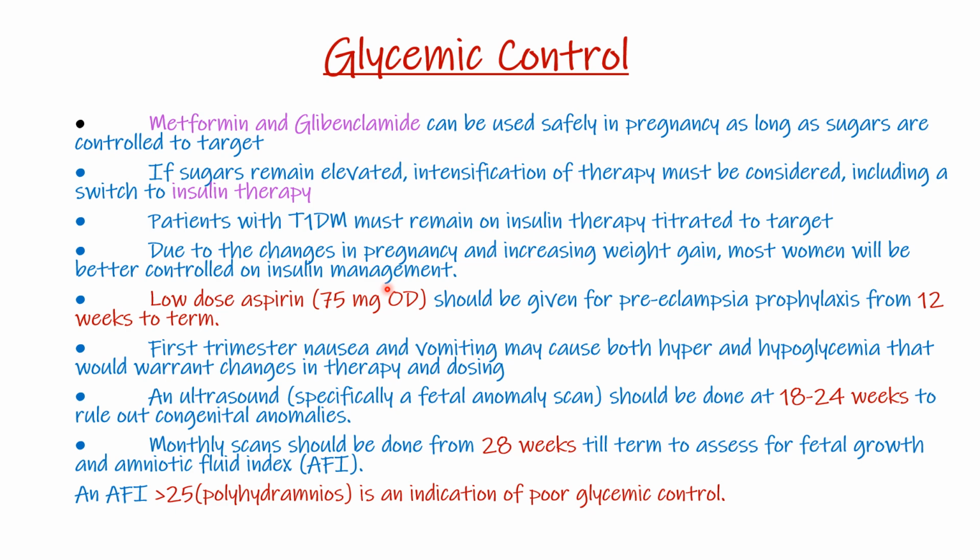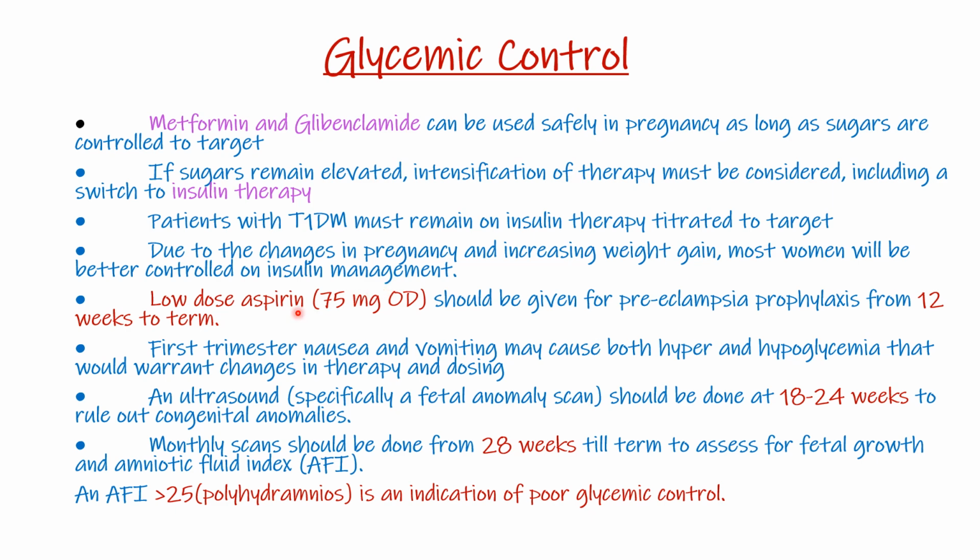In diabetes type 1, this patient will use insulin, so you continue giving them insulin and titrate accordingly until we achieve the targets. In diabetes type 2, where we have problems with insulin resistance, you can give oral glycemic agents as long as you can achieve targets. If you can't achieve targets, then you initiate insulin therapy.